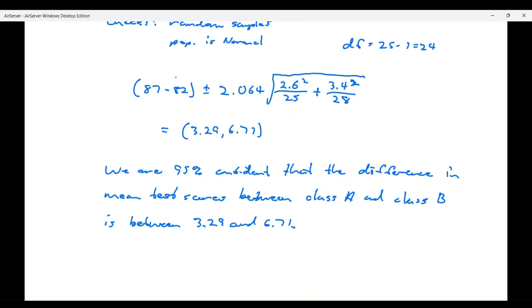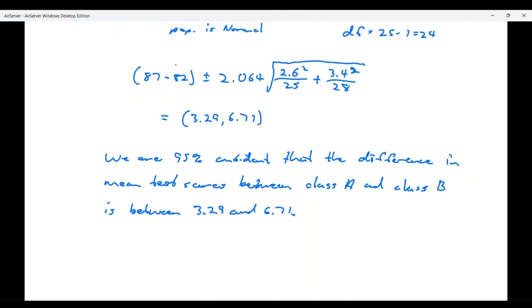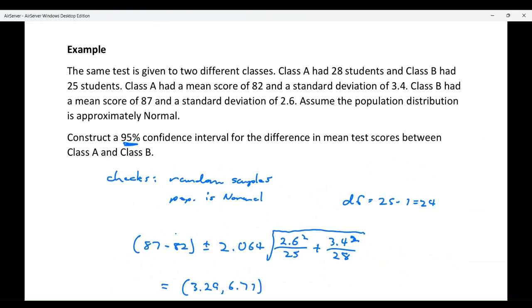All right. So basically, there is a second part to this, because what we're really asking is, it's not really written this way, right? It doesn't tell us specifically, but why would we be comparing means of these two classes? Well, most likely we're interested in whether or not one class did better than the other, whether because of the students or the way they were taught or whatever the case might be.